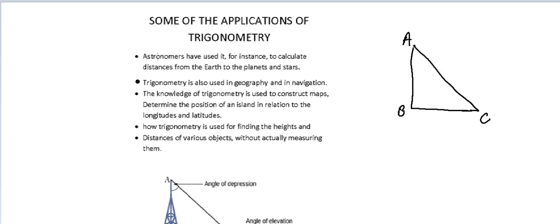Now let us understand the first application. Astronomers have used it to calculate the distance from Earth to the planets and the stars. So the very first application from where trigonometry originates is the measurement of long distances, such as planets and stars. Such distances can't be measured with any instrument or measuring tape, so they can be easily measured using trigonometry.